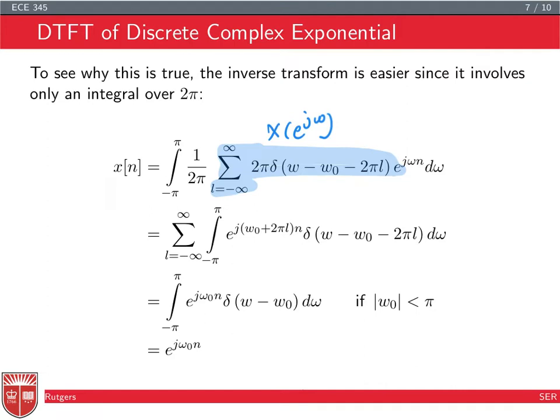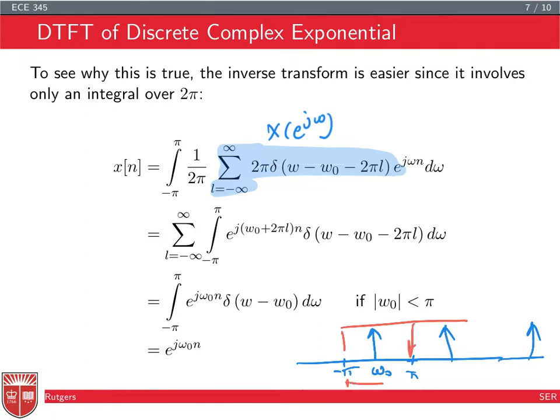Recall that you're integrating over the interval minus pi to plus pi. And remember, this is the following impulse train, so it looks something like this. If I draw it in blue, this is your delta, this is minus pi and plus pi, and somewhere here you have omega 0. But you're only doing your integral in this interval, minus pi to plus pi.